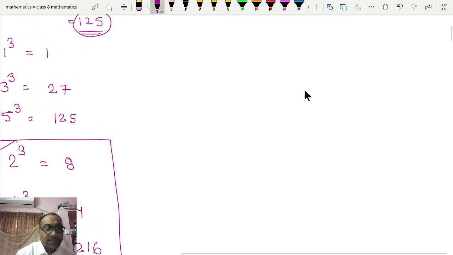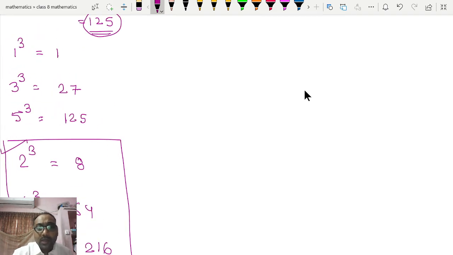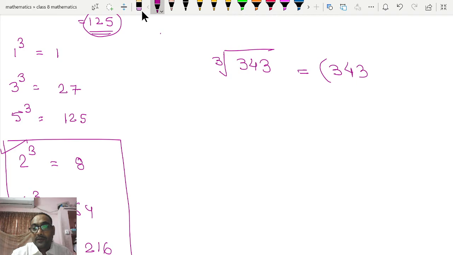Now, as you know how to find the cube, if you are asked to find the cube root of some number, say find the cube root of 343, it means 343 to the power 1 by 3.